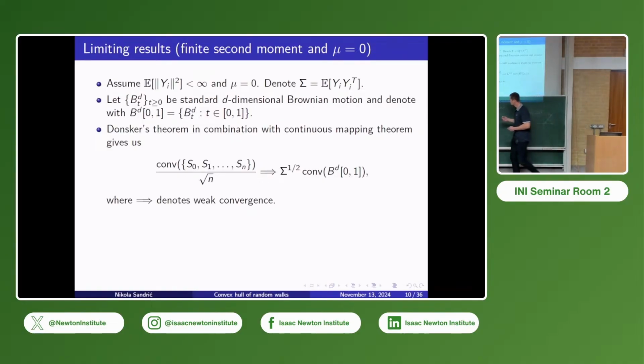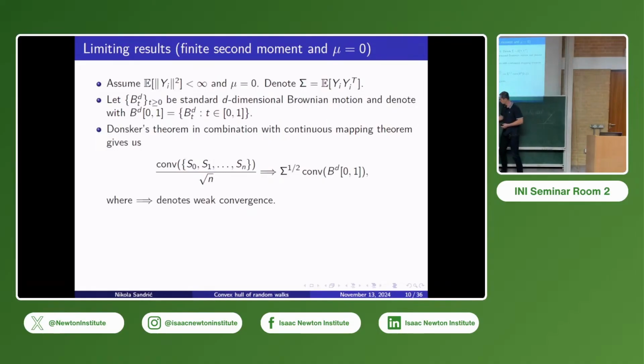Second, what is known is that if you take a càdlàg path from the interval [0,1] to R^d, and construct the following mapping which takes its trajectory, then takes the topological closure and then the convex hull of this object, then this mapping is continuous.